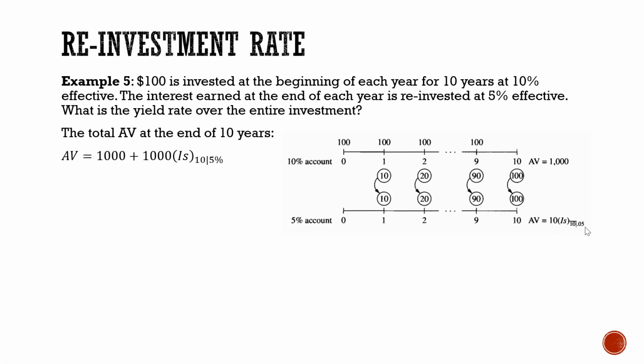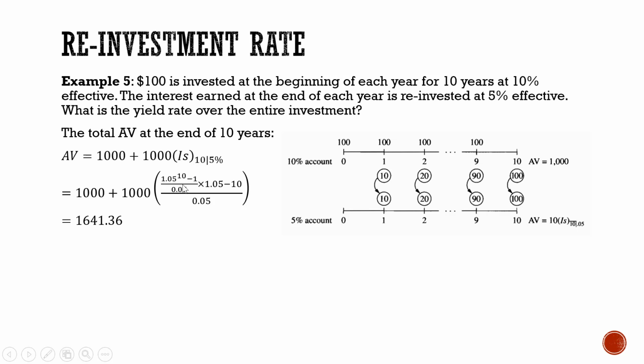So the total accumulated value at the end of 10 years is 1,000 from the first account plus 10 (Is)_10 at the rate 5% from the second account. So it is 1,641.36. Here we are using Is formulas.